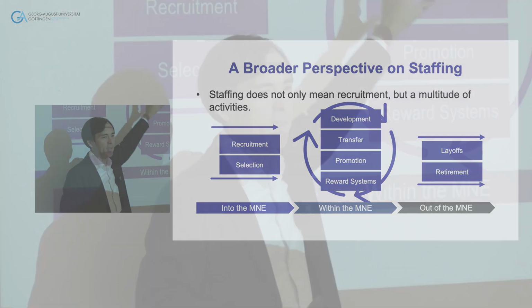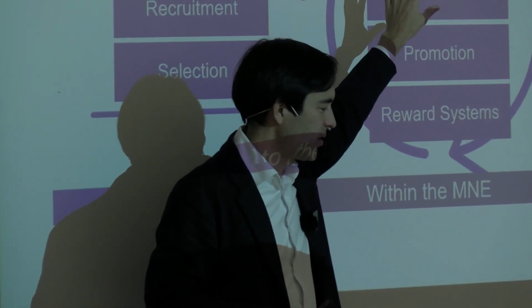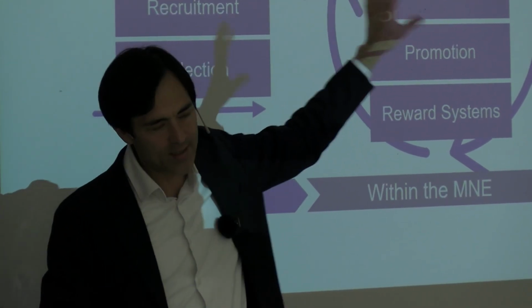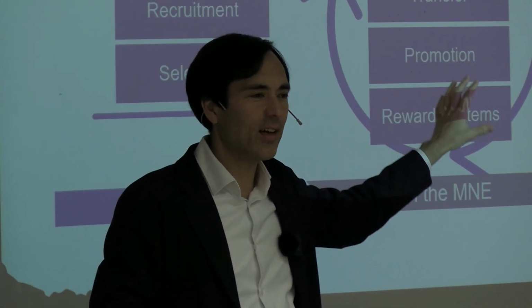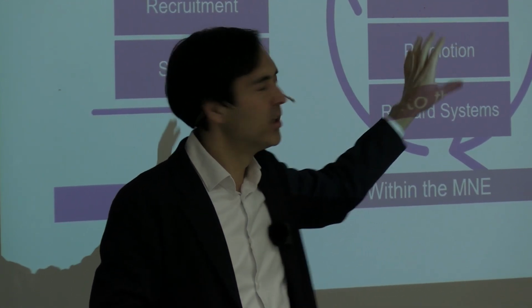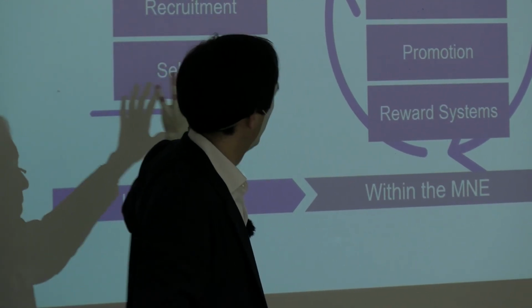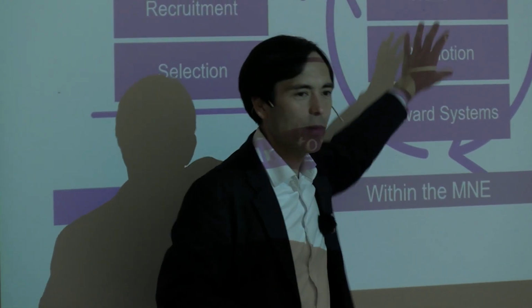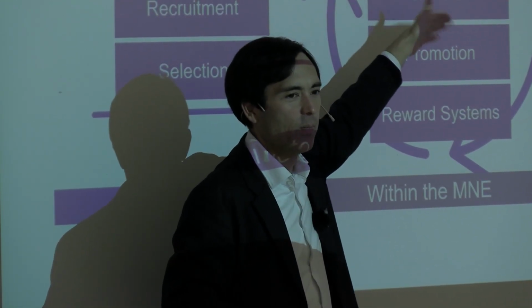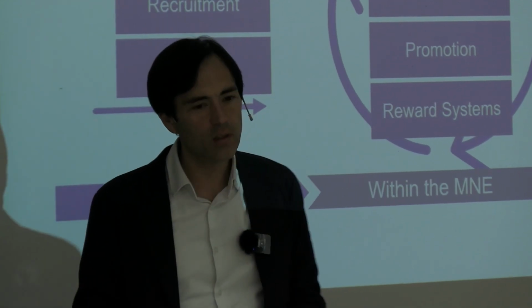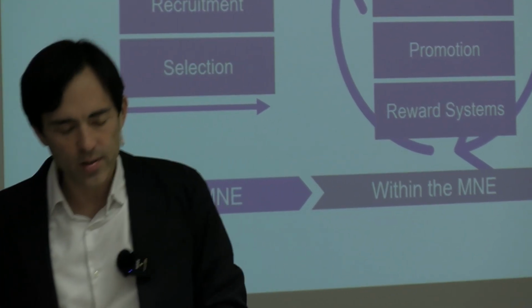That's all staffing. Particularly once people are already part of your organization, you would think about development or training. Also remember, on the previous slide we talked about how staffing involves a choice, internal or external, in how you can develop a skill set. Instead of hiring people from outside, you can develop them internally. Or you can simply transfer them to different locations. That's very typical for global multinational corporations.